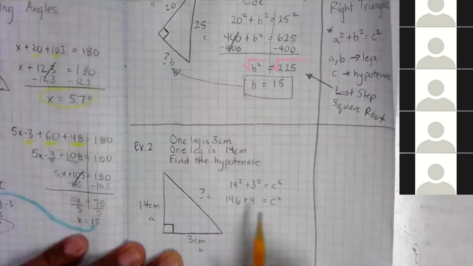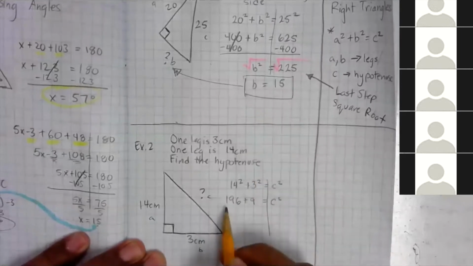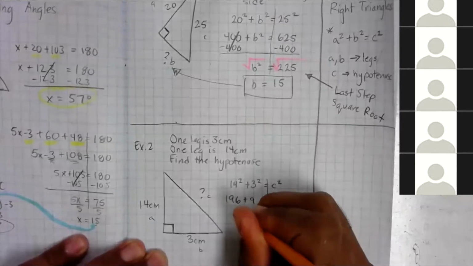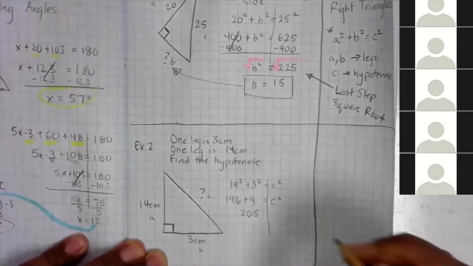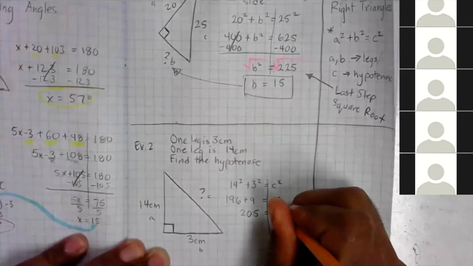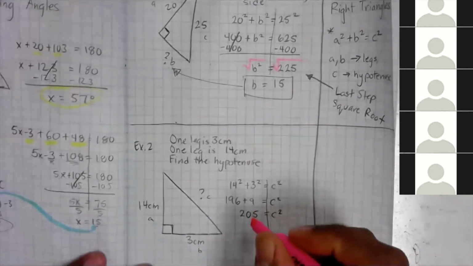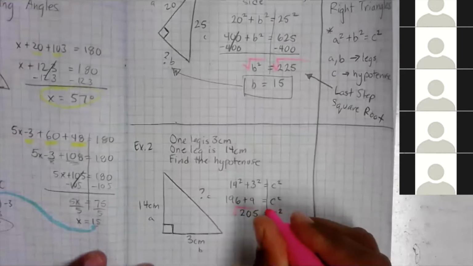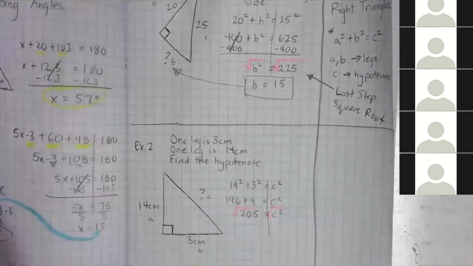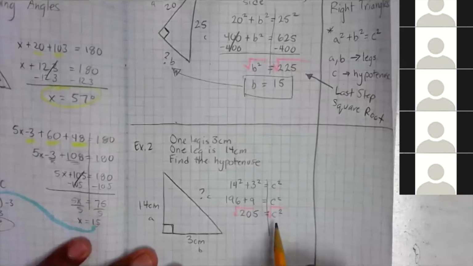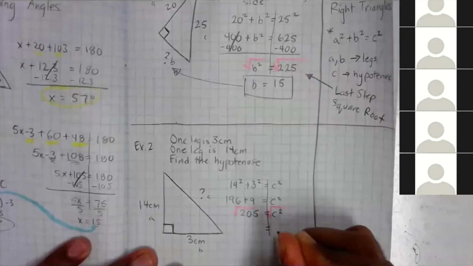Okay, and then we just add these two up. So 196 plus 9, it's going to be 205. 205 equals C squared. Now again, just like the last one before, we're going to square root both sides. And when you square root, that basically cancels out the little square. That's why we do that.